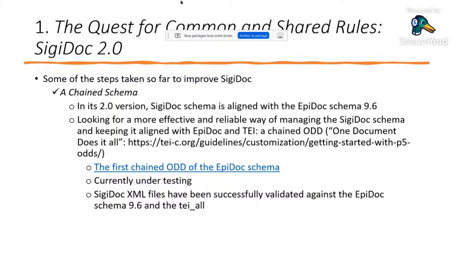And this means that the Sigidoc XML editions will validate against not only the Sigidoc schema, but also the EpiDoc and the TEI schema. This also means that through EpiDoc, Sigidoc belongs to the huge family of the Text Encoding Initiative.